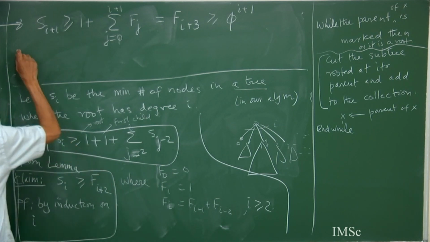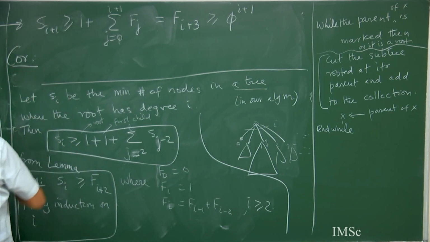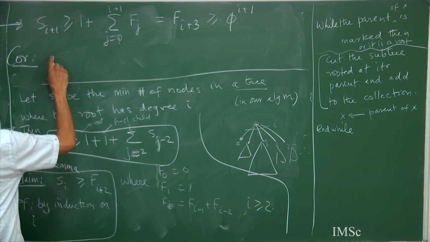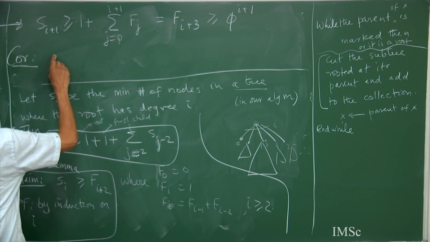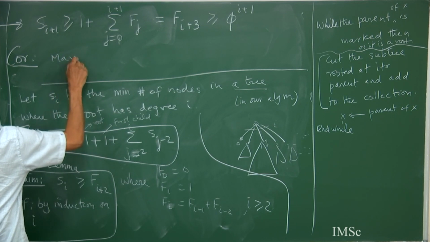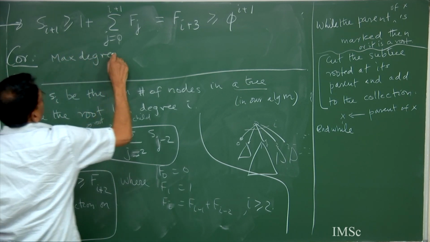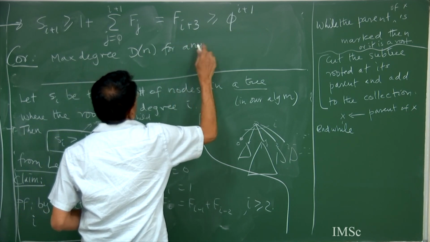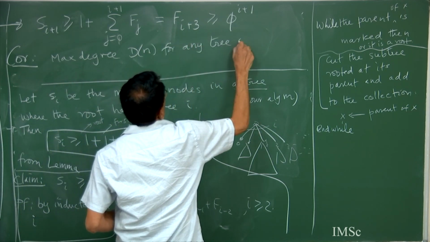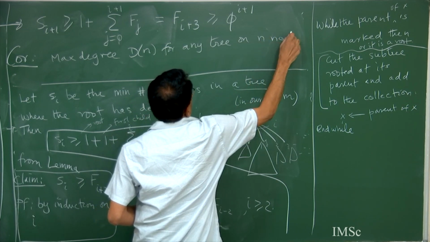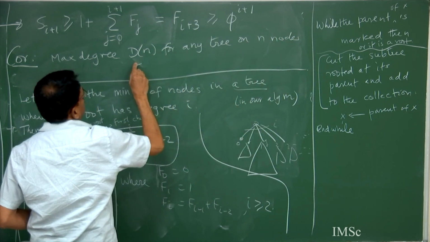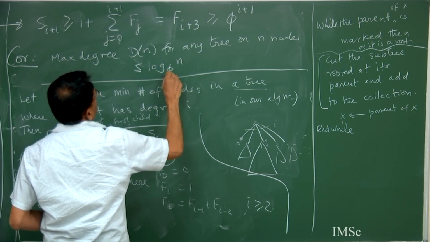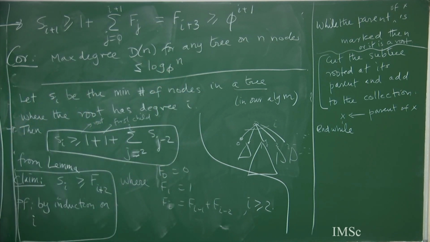And the final corollary, and then we wind up, is that the max degree, which is d of n for any tree on n nodes, is at most log n to the base phi.